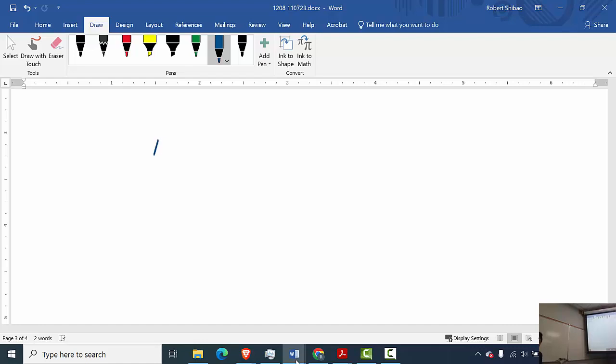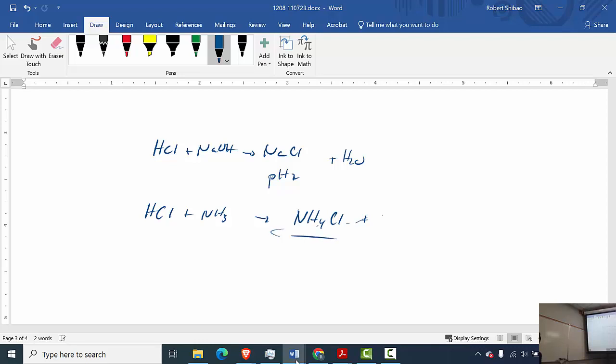Yeah, because a strong acid plus a strong base like sodium hydroxide yields a neutral salt, sodium chloride, and this salt in water is pH 7 also. But if we take HCl and titrate it with ammonia, a weak base, we form a different salt. The salt we form is ammonium chloride, plus nothing. Just ammonium chloride.